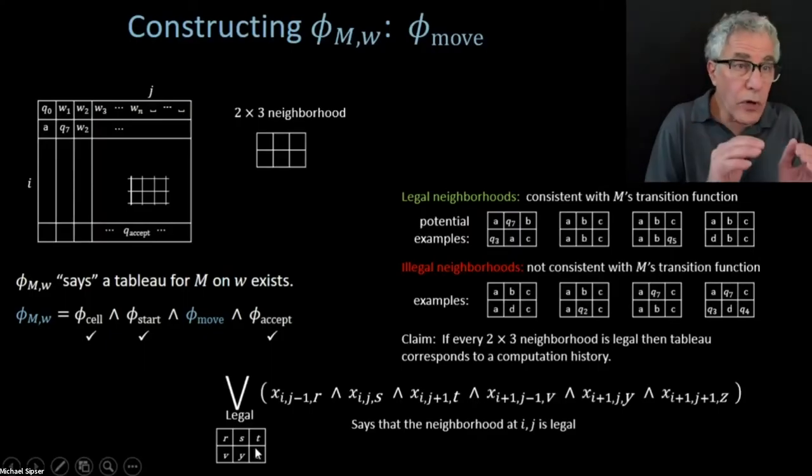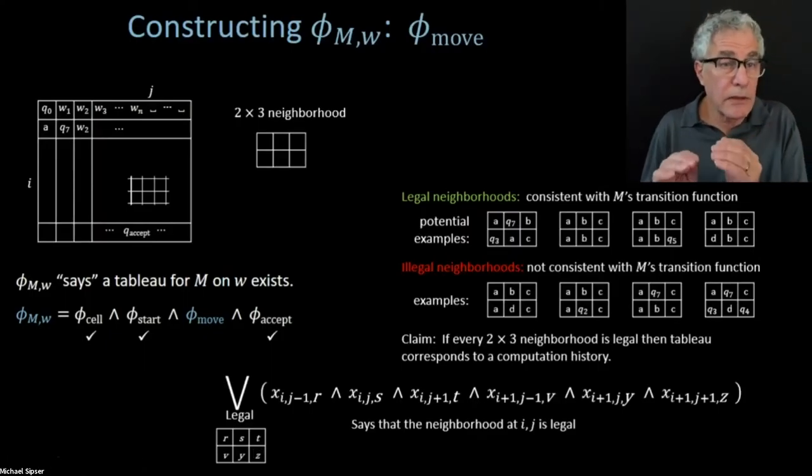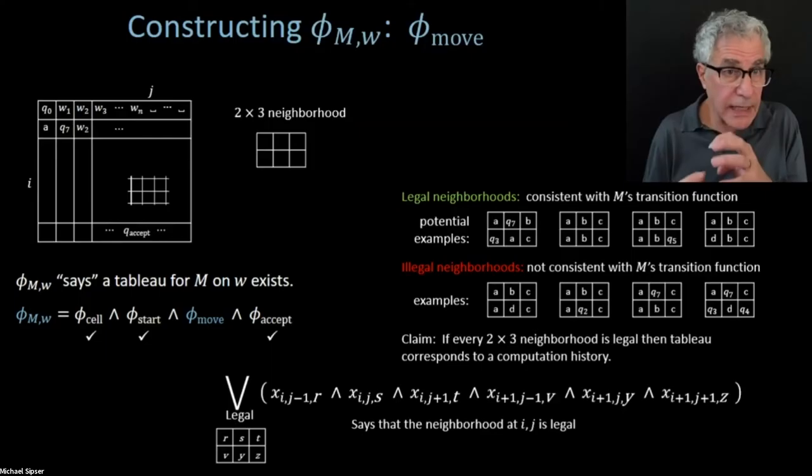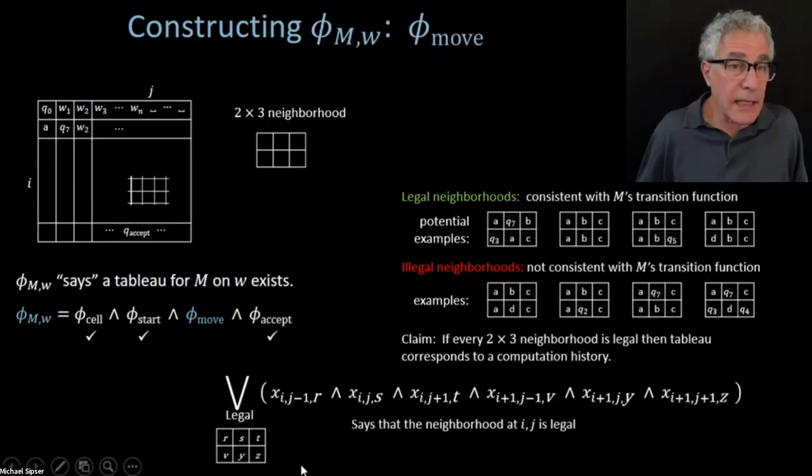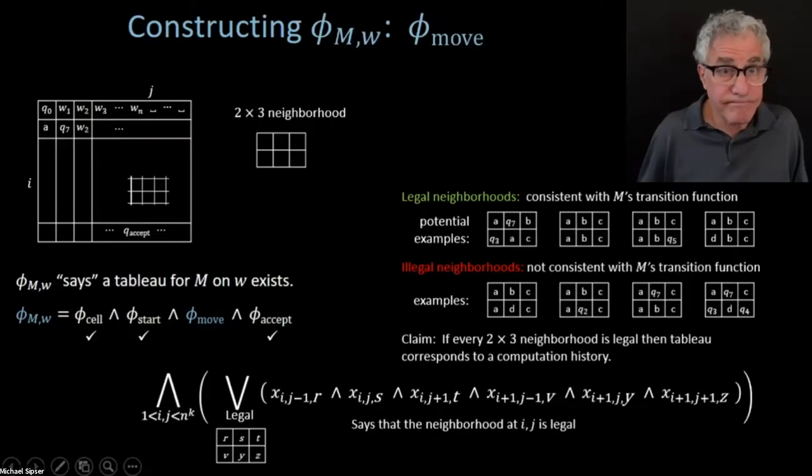And I'm just going to OR over all of those possible fixed number of legal settings. And then I take an AND over all possible tape cells, over all possible neighborhoods. And so that's going to be my phi move. And that's it.